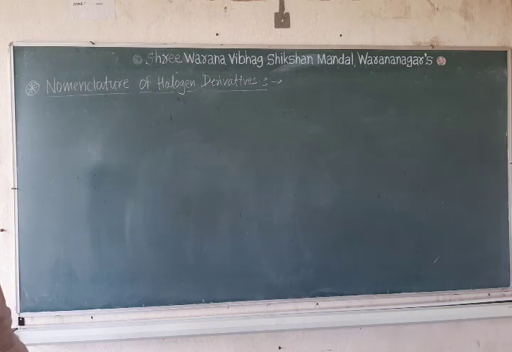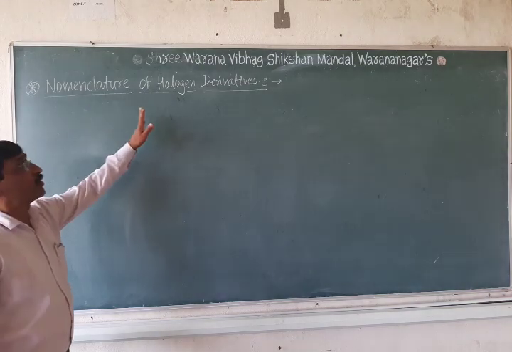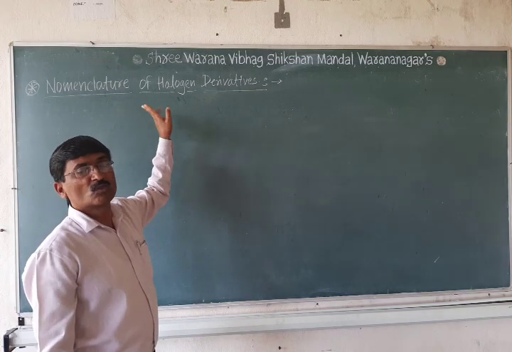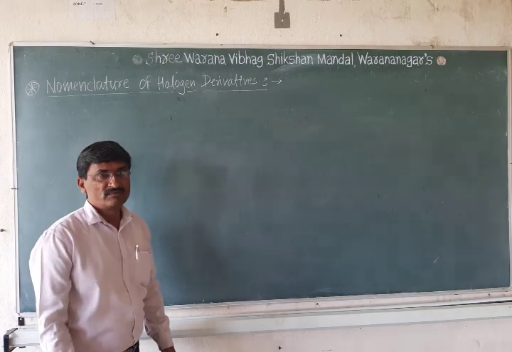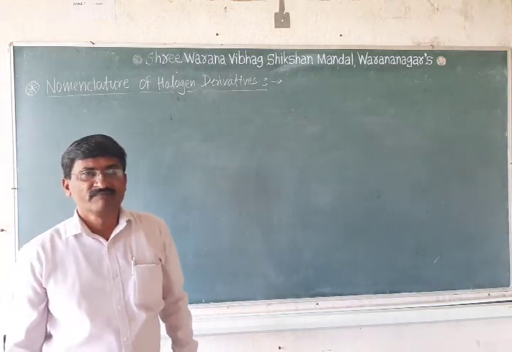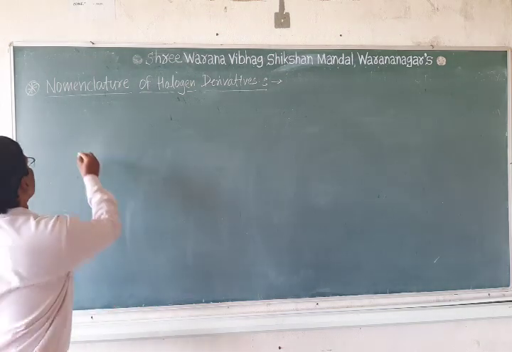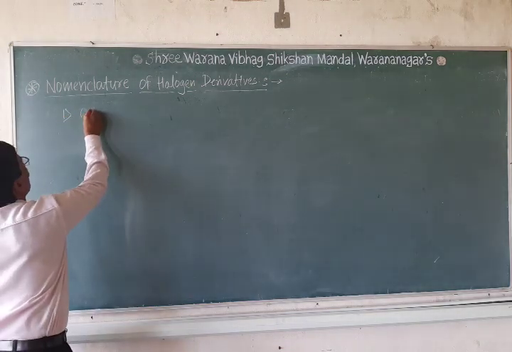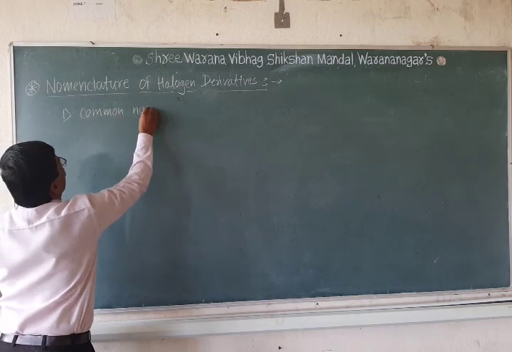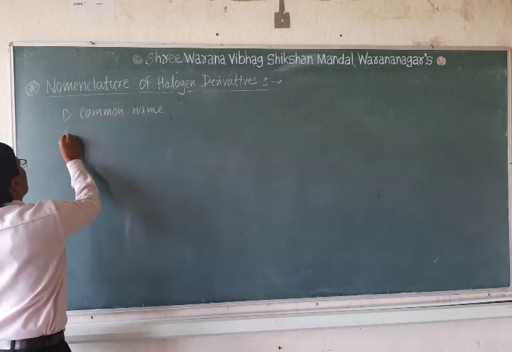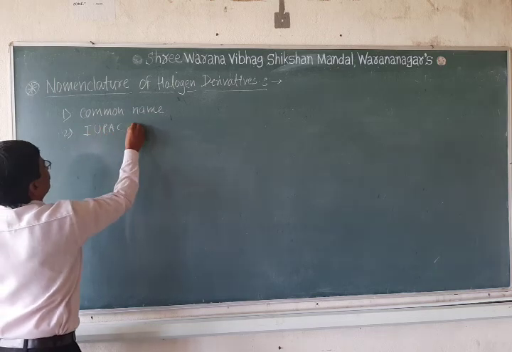Hello everybody. Today we are going to learn the next point from the halogen derivatives, that is the nomenclature of halogen derivatives. As we know very well, there are two name systems: first, the common name, and second, the IUPAC name.